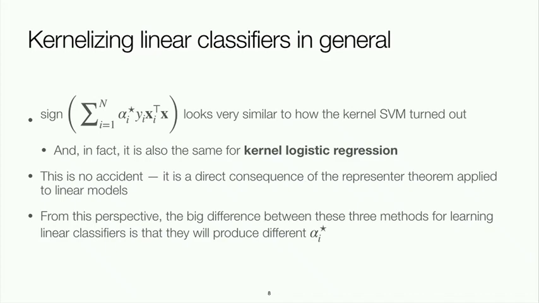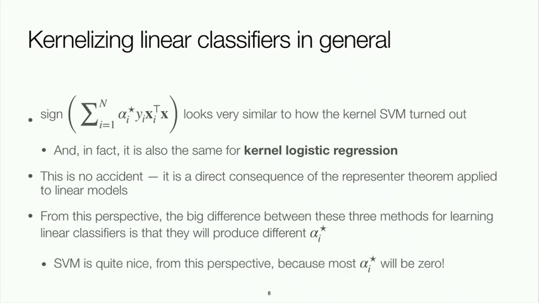What are the alpha i stars for most of your data points in the soft margin SVM? Usually 0, right? Because they're only non-zero for your support vectors, for the data points that actually lie on your margin or violate the margin in the case of the soft margin SVM, right?